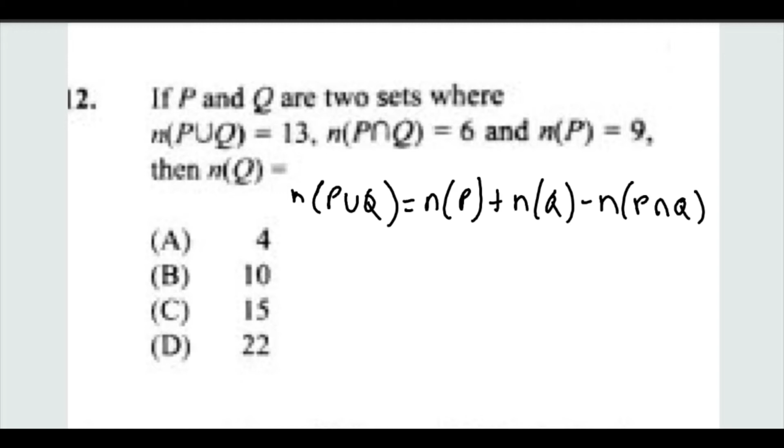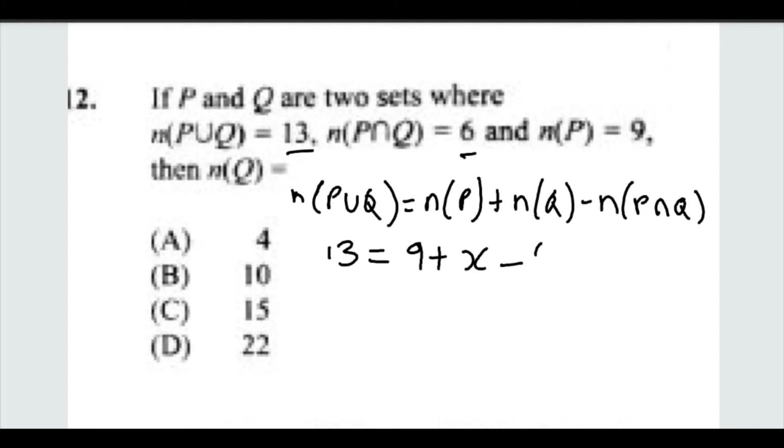Then we fill in the things that we know. The number of elements in P union Q is 13. So 13 is equal to the number of elements in P, which is 9, plus the number of elements in Q. We don't know that, so let's give that as X, minus the number of elements in P intersect Q, and that is 6.